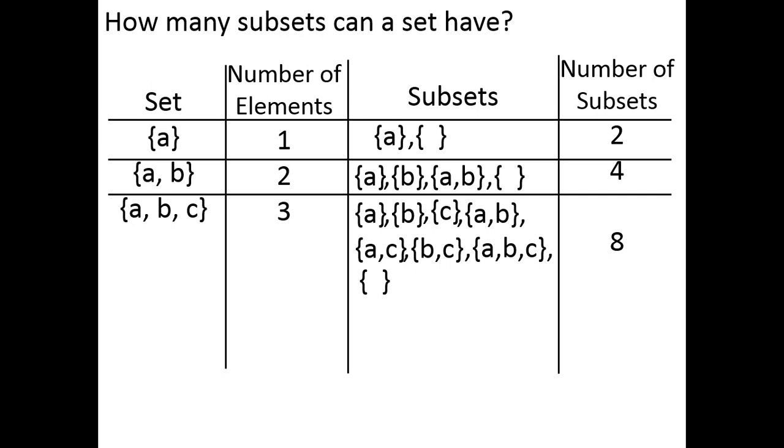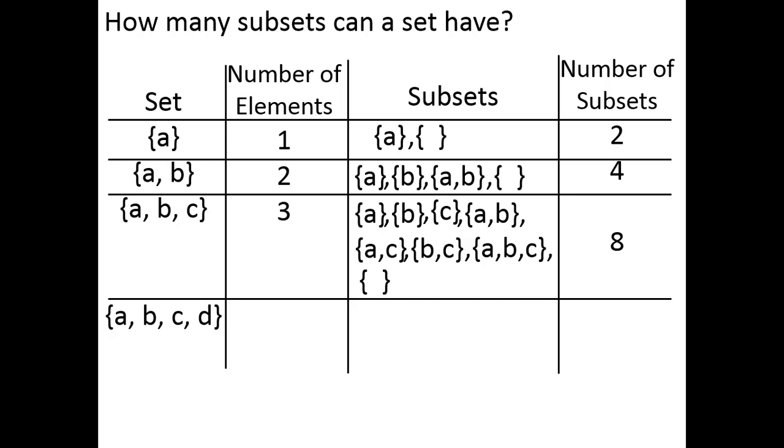Now what we're trying to do is make a generalization here. We want to know how many subsets a set has, if we know how many elements are in the set. So if you look carefully, you'll notice that we do seem to have a pattern going on in the number of subsets. So we're going to generalize this, and we're going to say, well, what if we have a set that has 4 elements? I don't really want to write all these subsets, but look for the pattern on the right side.